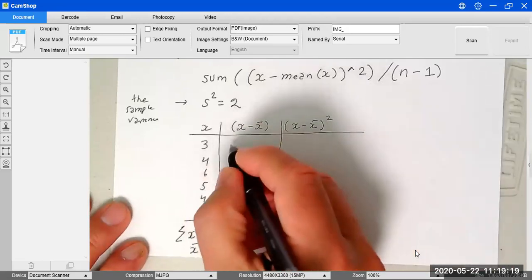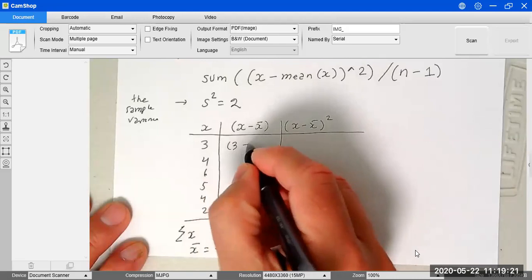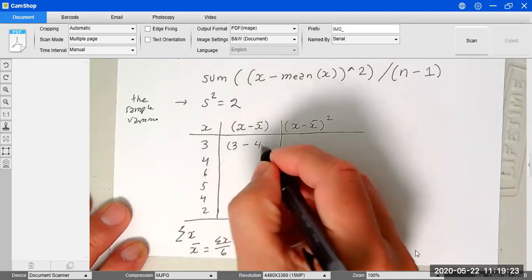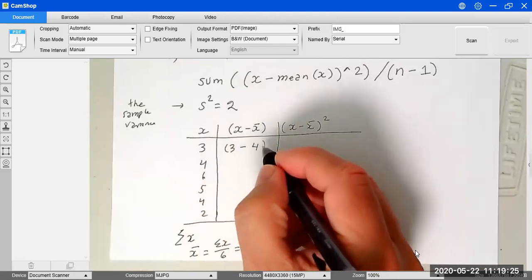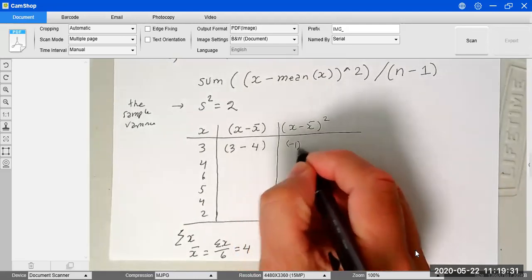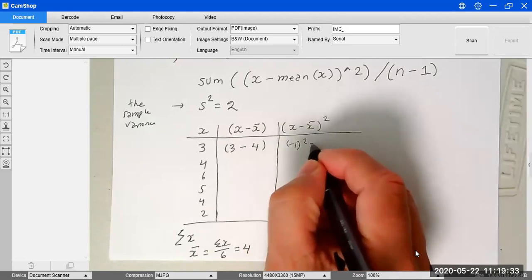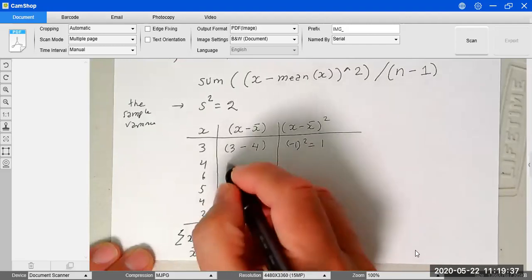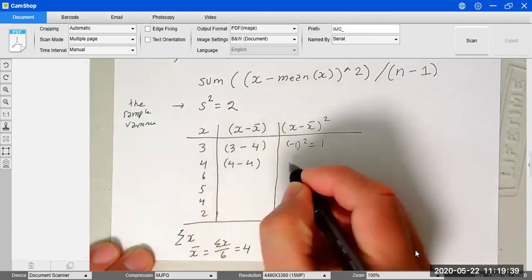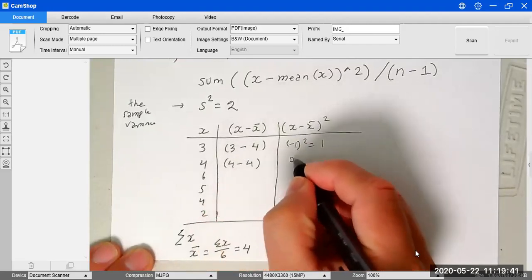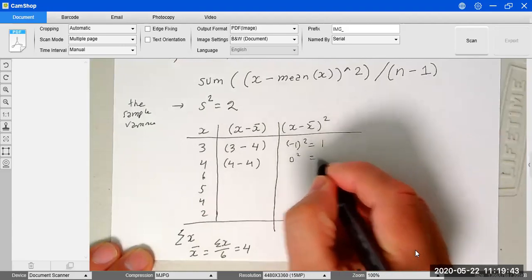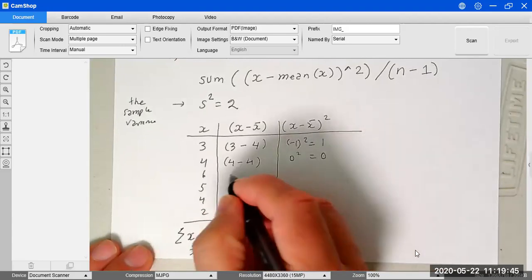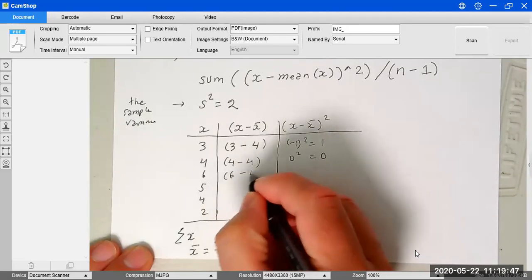In the first case, you're going to have 3 minus 4. This is going to be negative 1. If you square this, you get 1. Then in the next case, you have 4 minus 4, which is just 0. If you square 0, you get 0. Then you have 6 minus 4.